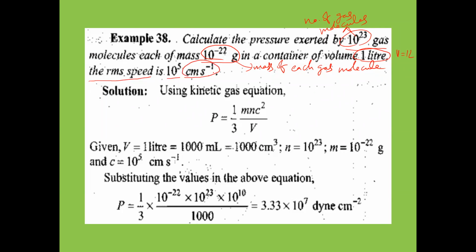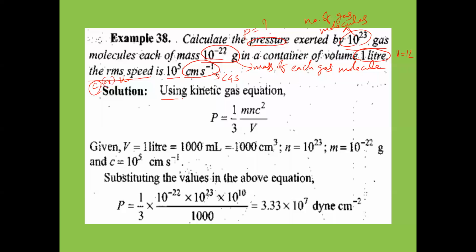Remember, centimeters per second means CGS units are mentioned. They ask to calculate the pressure of the gas, P. Number of gas molecules is given, mass of each gas molecule is given, volume V is mentioned, and RMS velocity C is given. Instead of C, we can also use U, the RMS velocity.